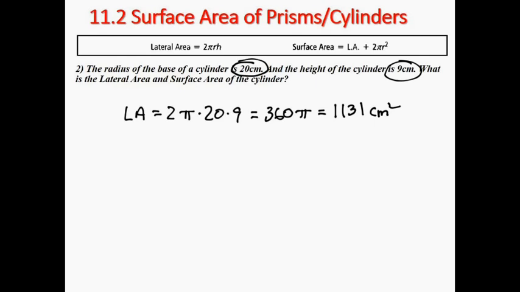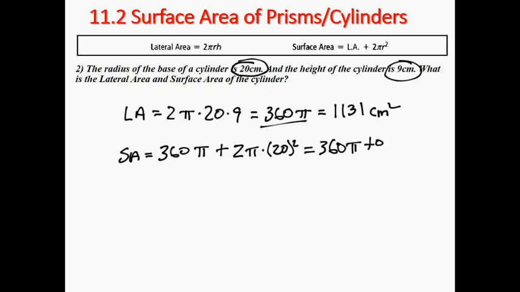Now we're going to take the lateral area and use that to calculate the surface area. I'm going to use the one in terms of pi, so 360 pi plus 2 times the base area, or 2 pi times the radius squared. The radius squared, 20 squared, happens to be 400. 400 times 2 is 800. So right now we've got 360 pi plus 800 pi.